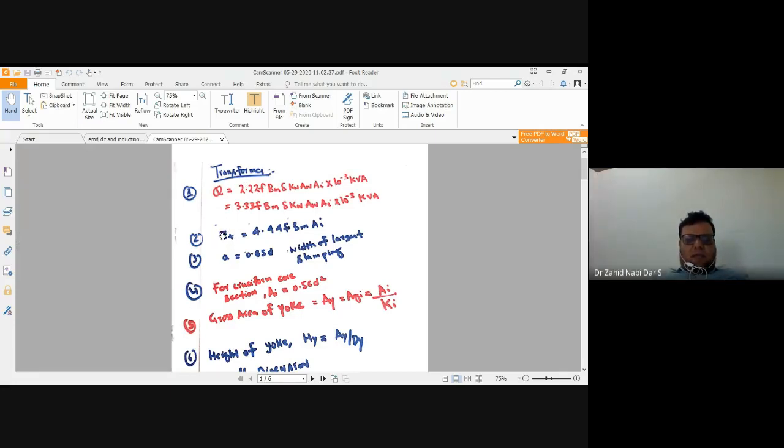If the winding is delta connected, the phase voltage remains the same, but if star connected, you divide by root 3. You equate that to 4.44 into frequency, which is 50 hertz, into Bm, which will be given, and you get the value of Ai from this.